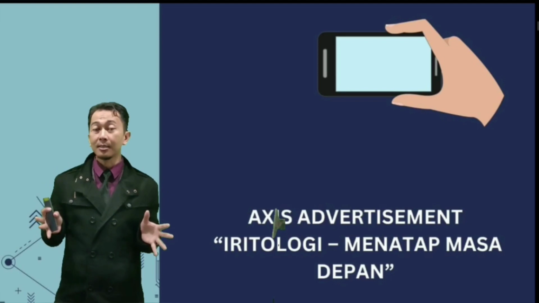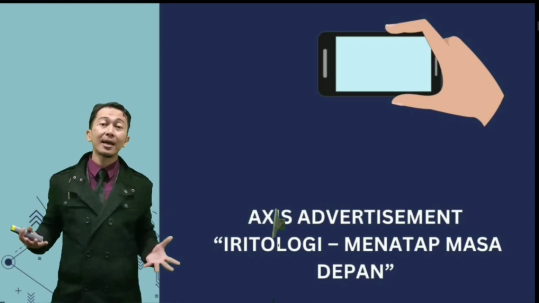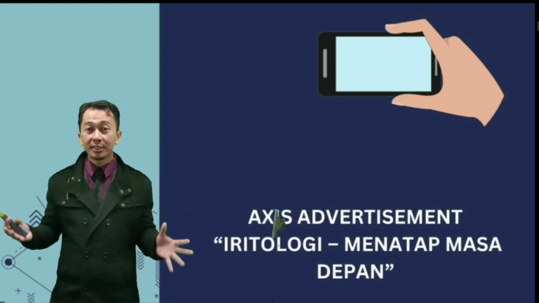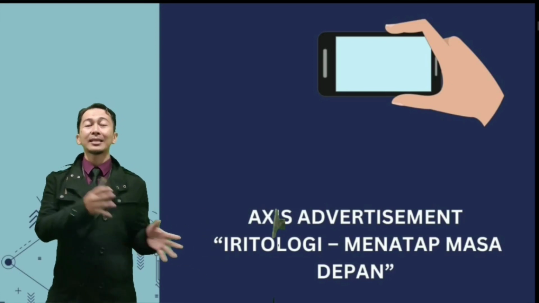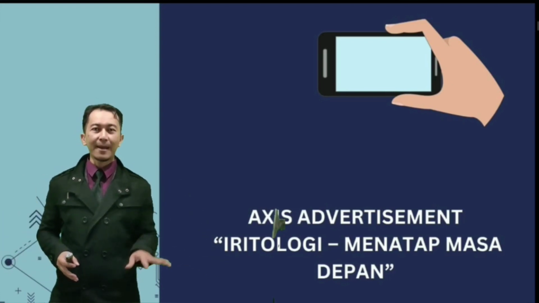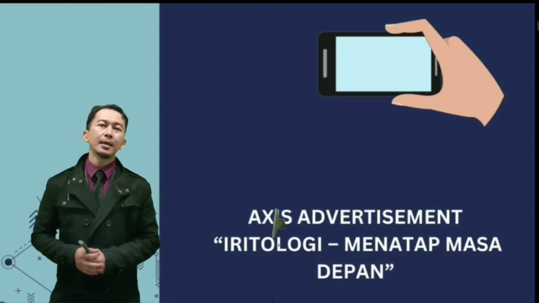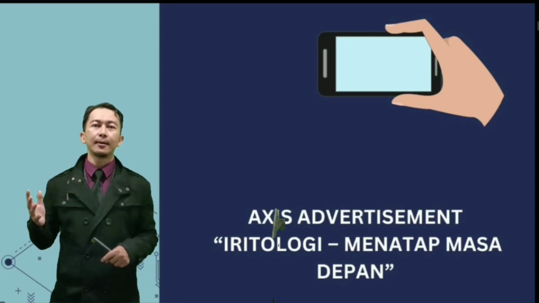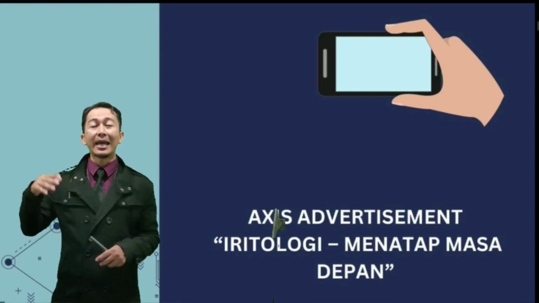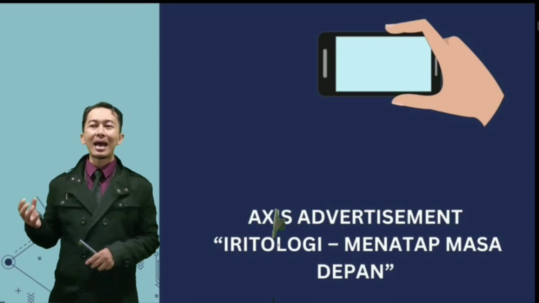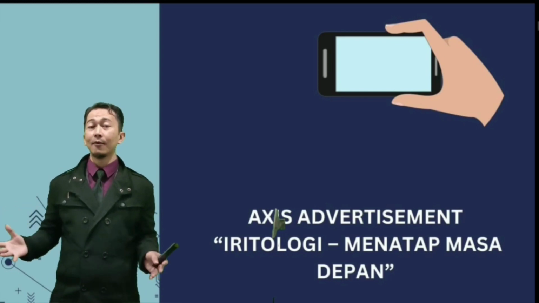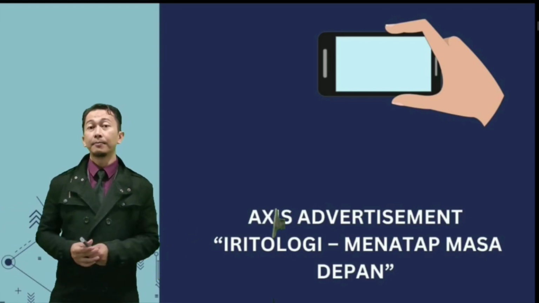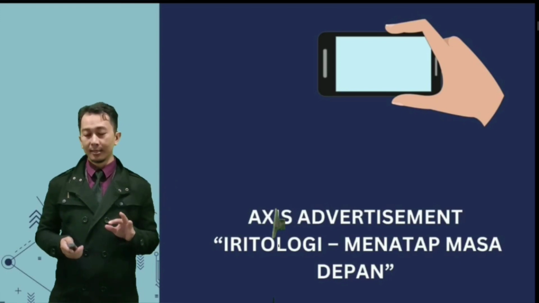But you have to think creatively that advertisers search for words that have alliteration, menatap masa depan. So in this case, the words end with a, a, and a. This is good for us to learn about alliteration in the slogan.